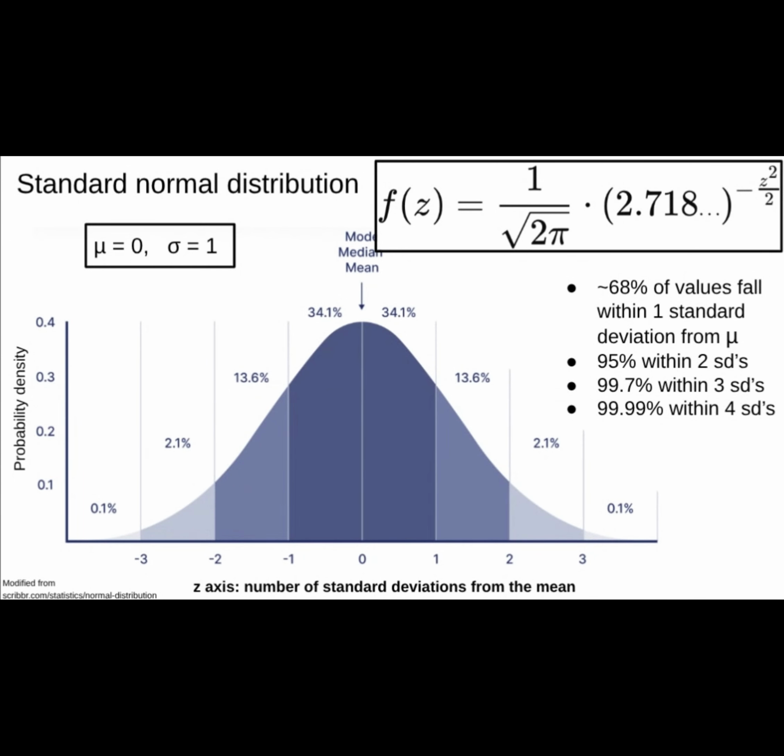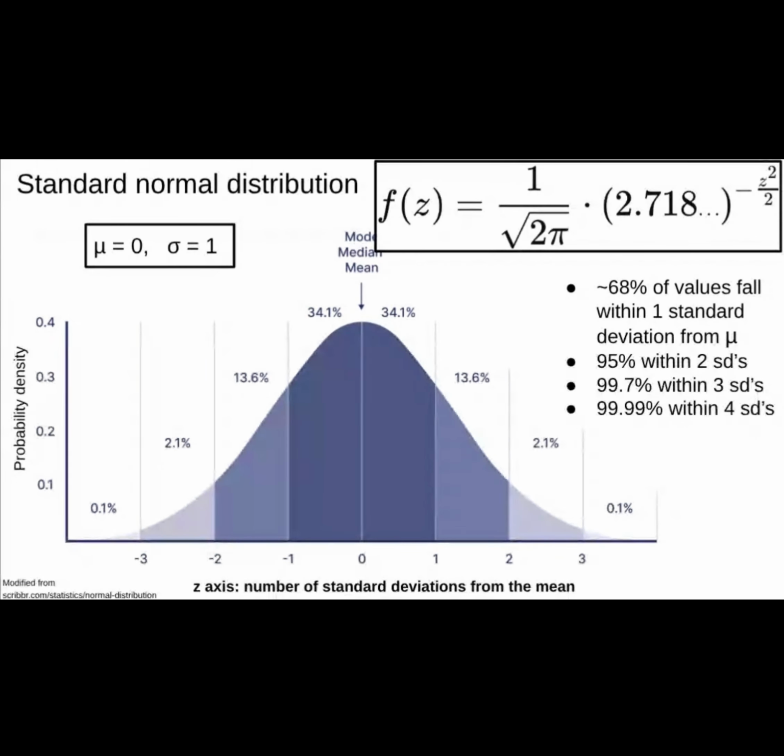The special case of the normal distribution, where mu is equal to 0 and sigma is equal to 1, and the formula simplifies to this, is called a standard normal distribution. What's special about the standard normal distribution is that since mu is 0 and sigma is 1, the values on the horizontal axis show how many standard deviations you are from the mean, which is 0.